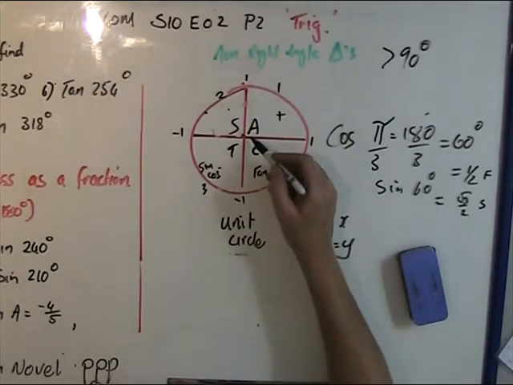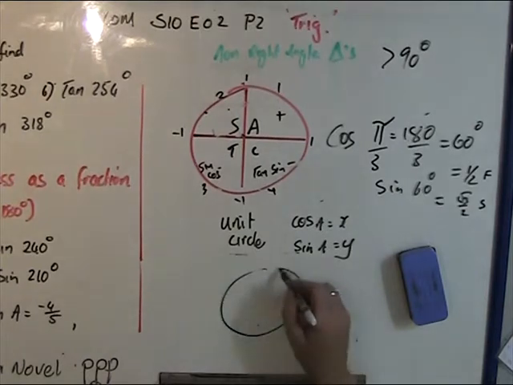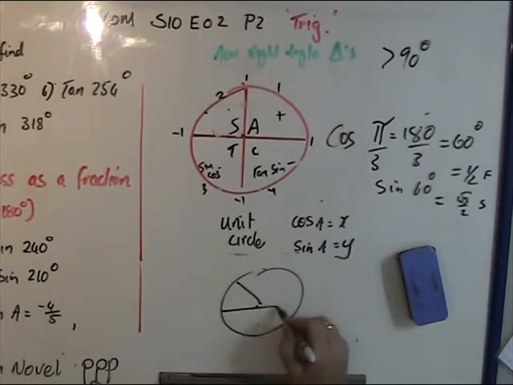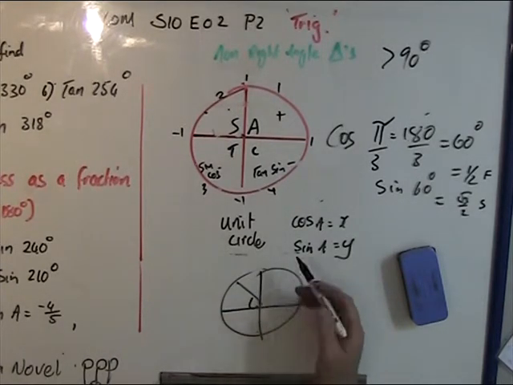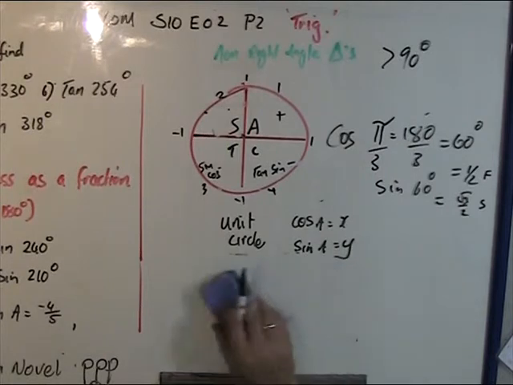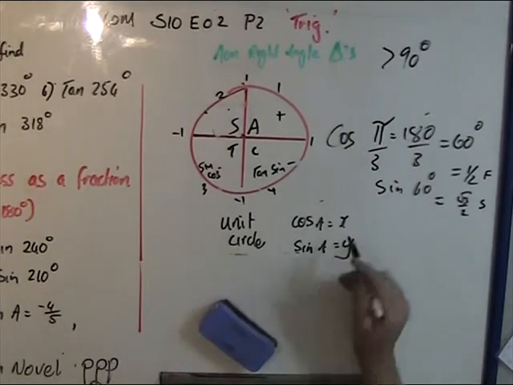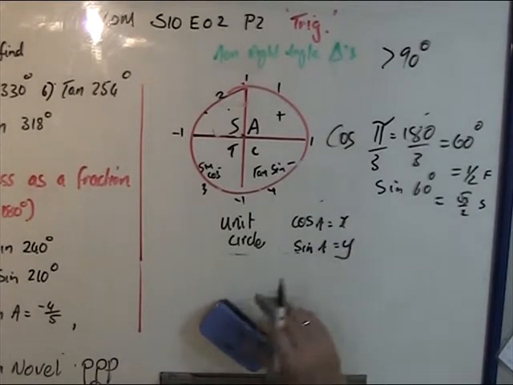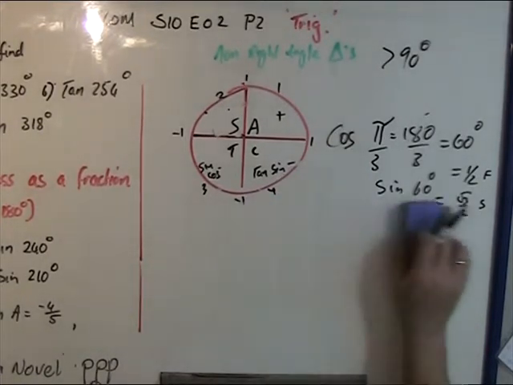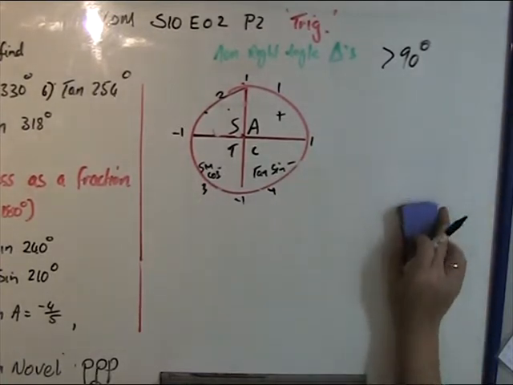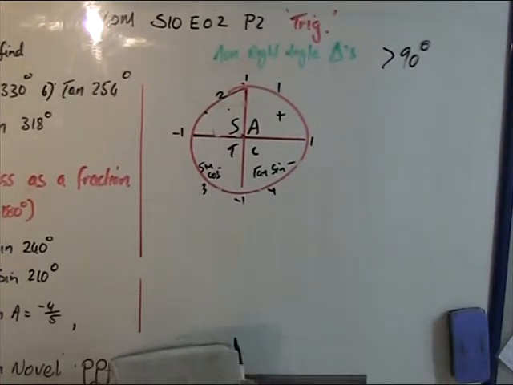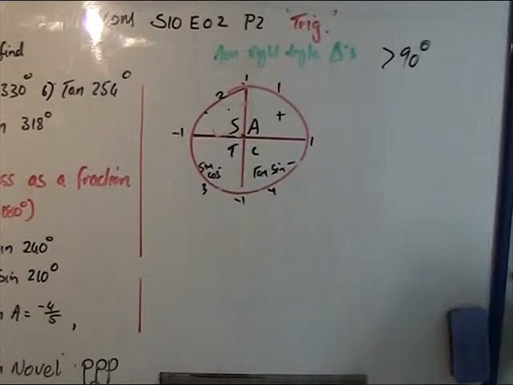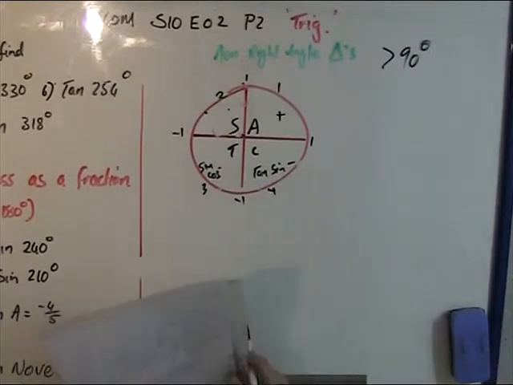If you look at it long enough and practice with it, you will see that cos A is the x value and sine A is the y value. I can't go any further than that. Your maths teacher should be able to give you more of an explanation, but I'm limited regarding time, so I can only do so much with you.